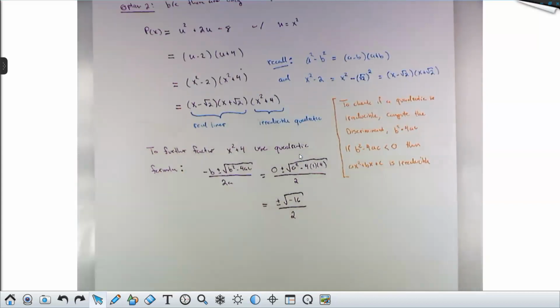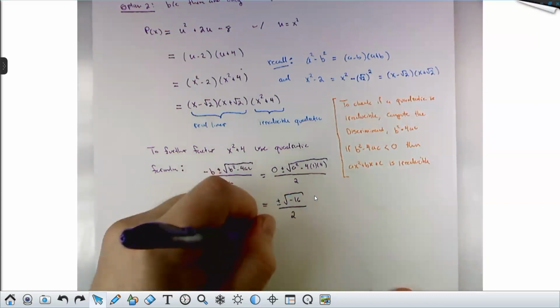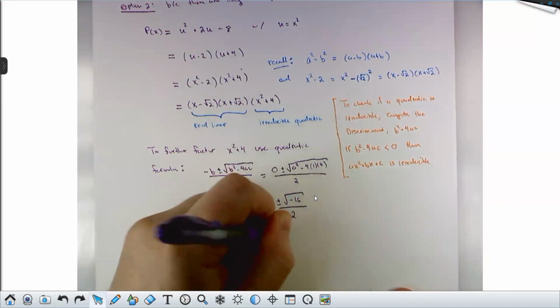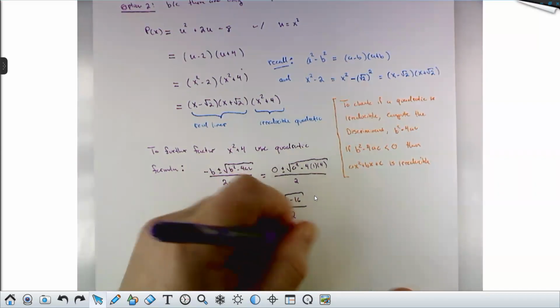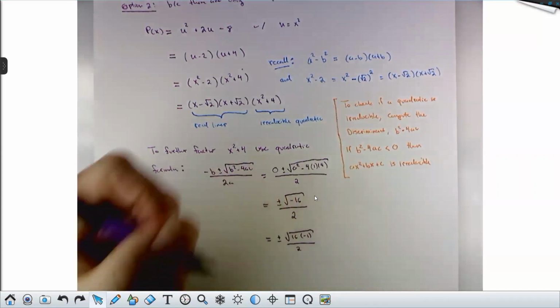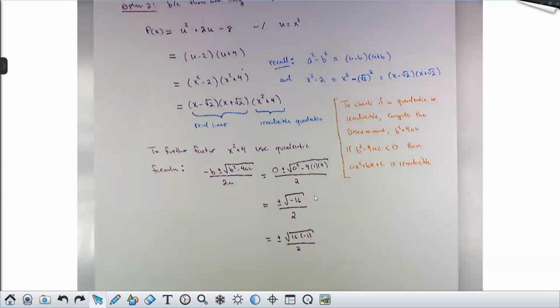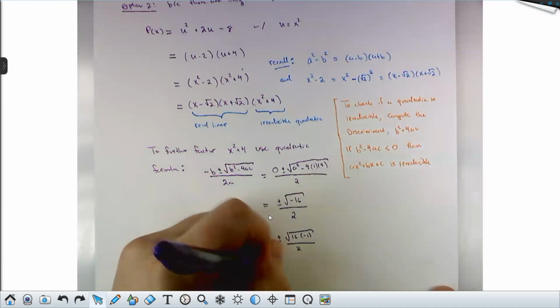And here's where we're going to start using the complex numbers. So what is the square root of negative 16? I think we'd all agree that negative 16 is positive 16 times negative 1. And then you can split up the square root.